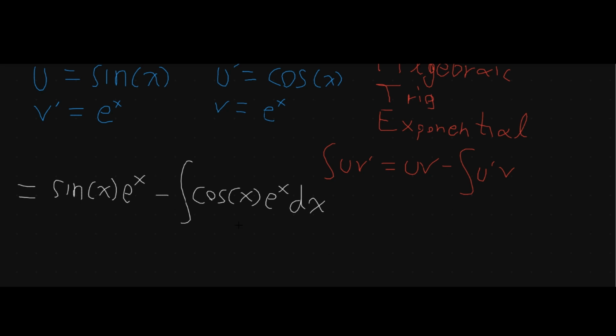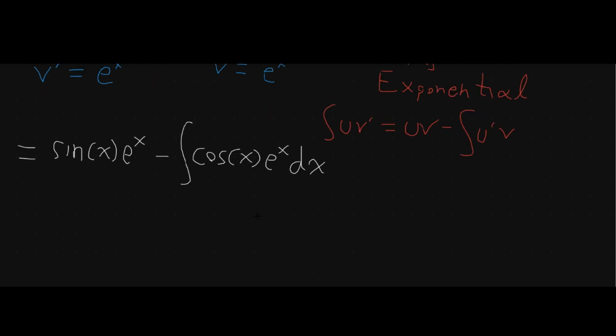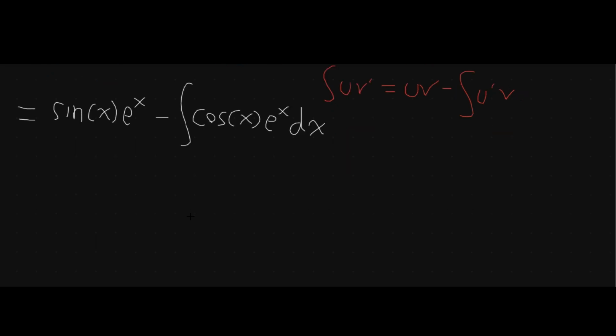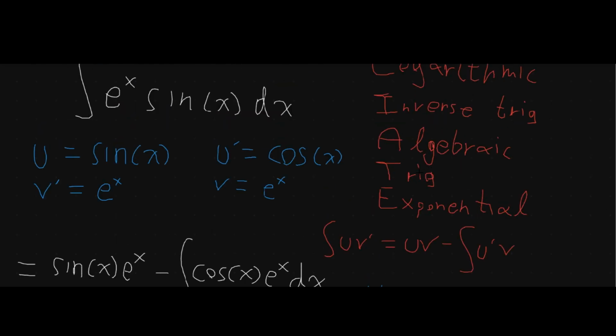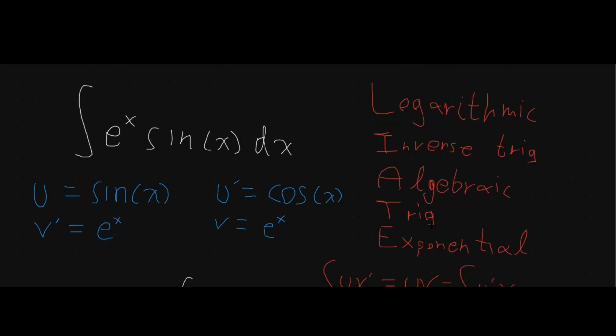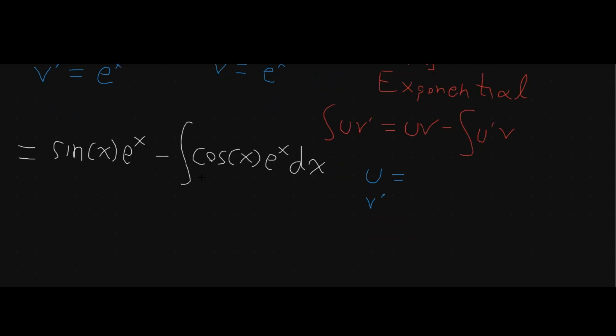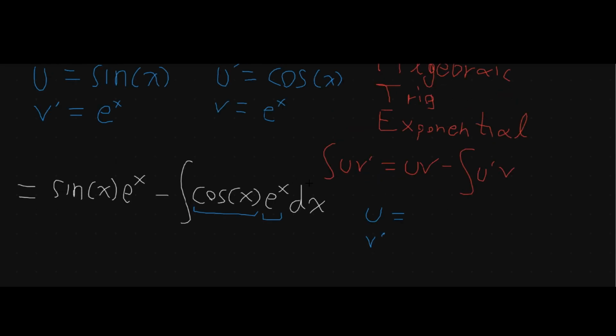Okay, so again we have an integral of the product of two different functions, so we need to apply the integration by parts formula one more time and see what we can do from there. And so if we do it once again u v dash, if we remember our list from earlier, we have trigonometric and exponential, and again the case is the same. We have a trigonometric function over here, cosine of x, and an exponential e to the x.